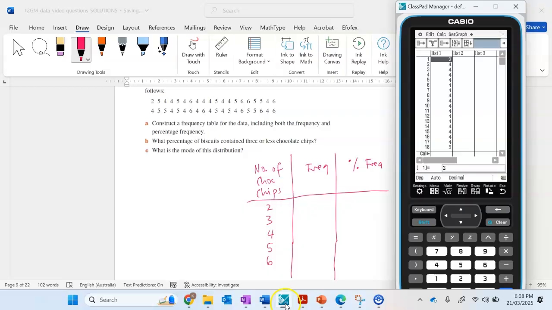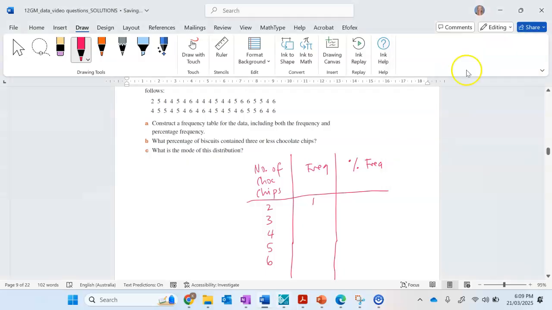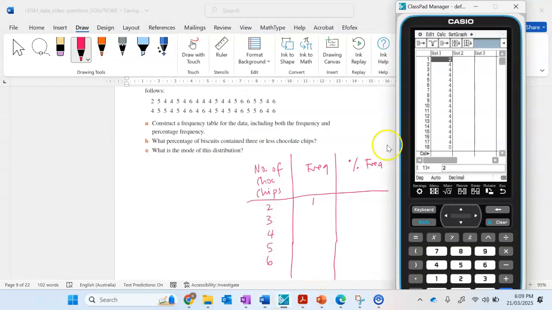So I'm just trying to think as I go. You can count them quite easily once you put it in order, so there's your ordering there, but I also noticed you can do sort here, ascending, descending. So when I was trying to find the frequency table, found it there. All right, so we've got one where we've got 2 choc chips. All right, so for 4, we go all the way to 17, but we started at 2.